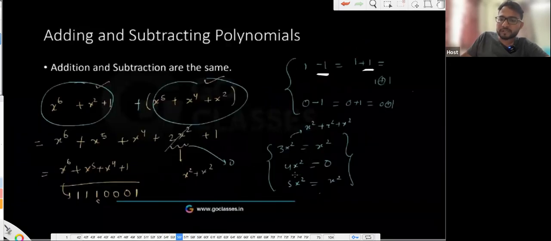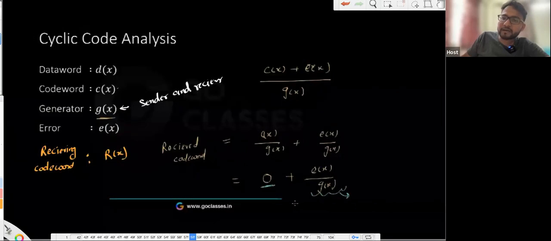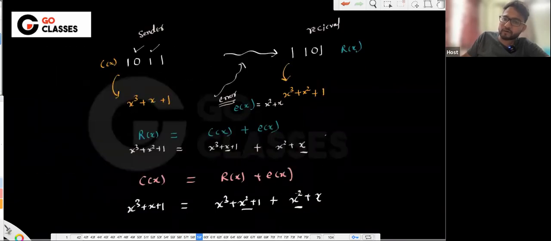Anything like 4x square is 0, 5x square is just x square. 2x square means that you are basically adding this bit 2 times. I mean this was 1 earlier, and this was 1 another time. So suppose this is the weight of x square, this is the weight of x power 1, this is the weight of x power 0, right?